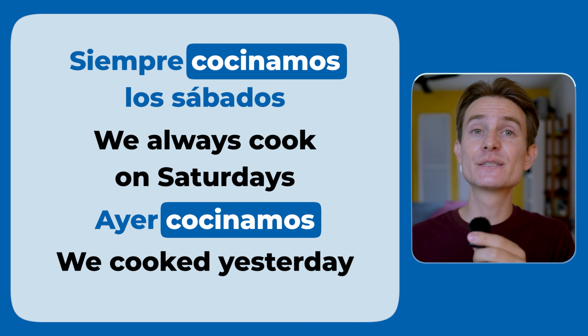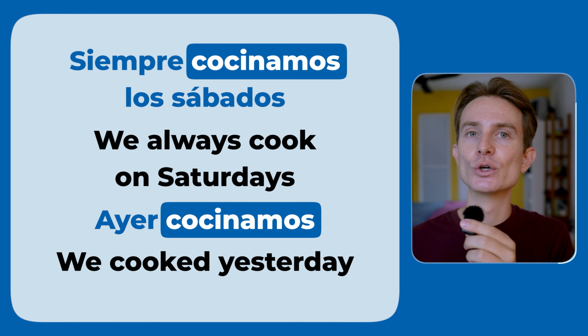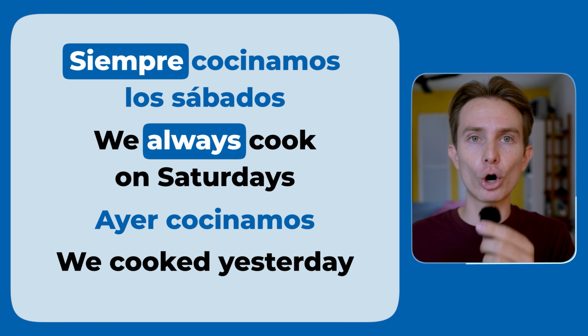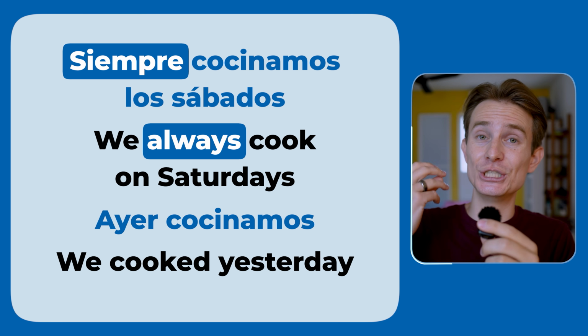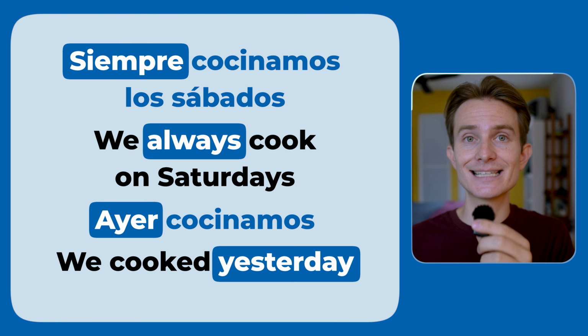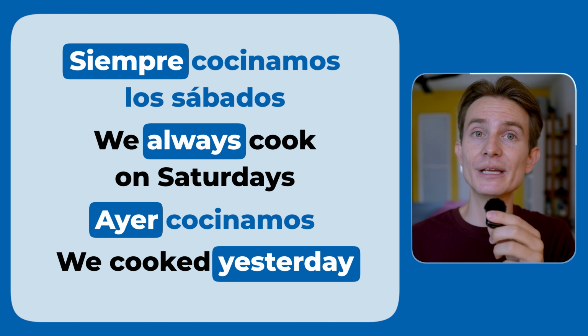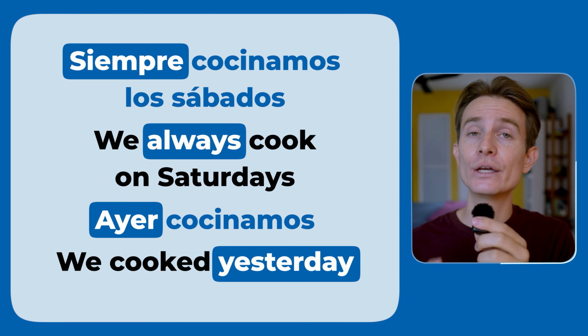We tell the difference between the two using context clues. In the first example, we use the word siempre, meaning always. Therefore, we wouldn't be able to use this in the past tense just one time. And because we're using the word ayer in the second example, we know that this will be preterite. Ayer cocinamos. Yesterday, we cooked.